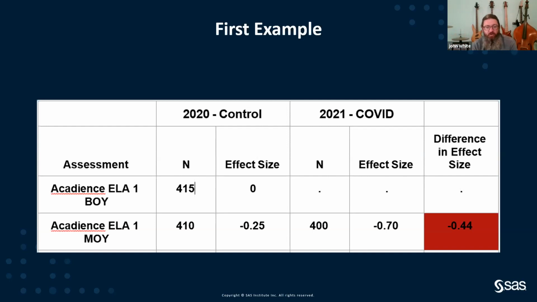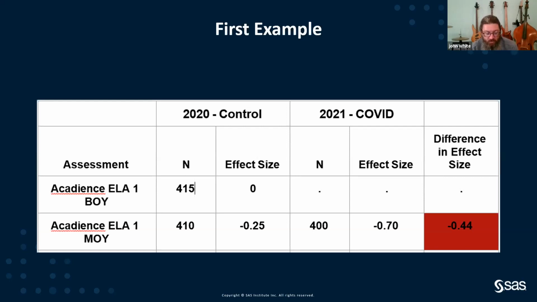To illustrate a point though, if you did not administer the BOY in the 2021 school year, then you might not have data for the BOY in 2021, or your COVID group. Or maybe you didn't administer the middle of year data in the 2020 school year for the prior grade, so you didn't have enough data to create an expected score for these students.